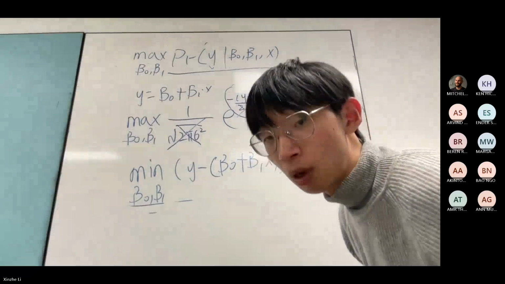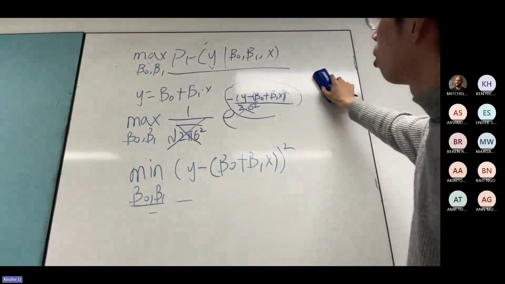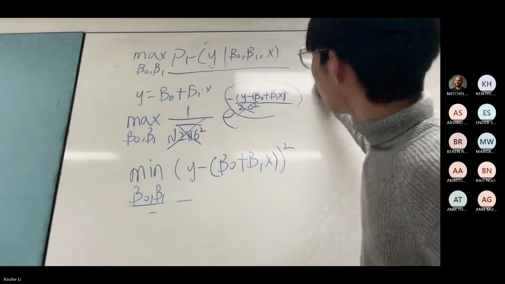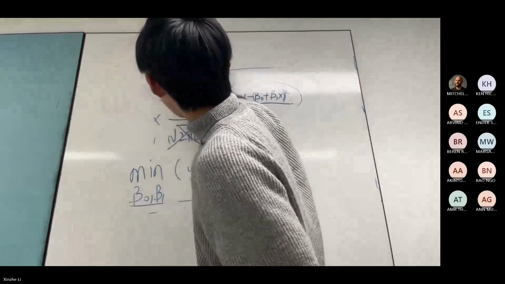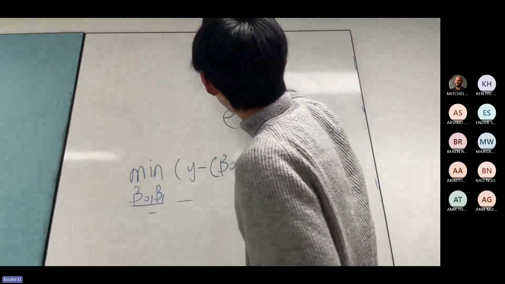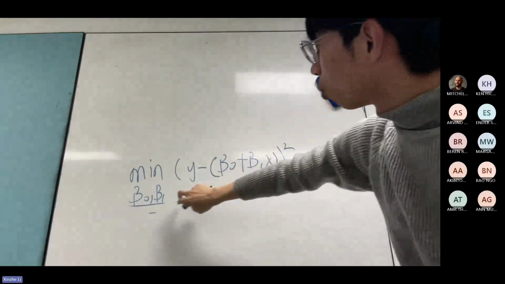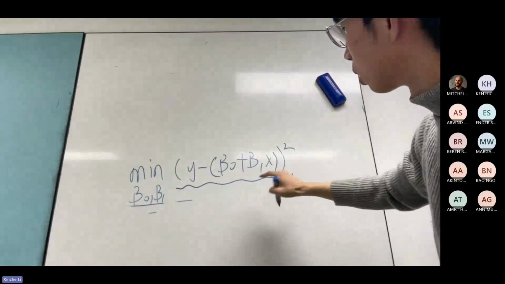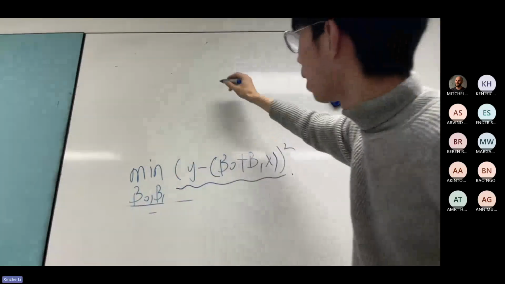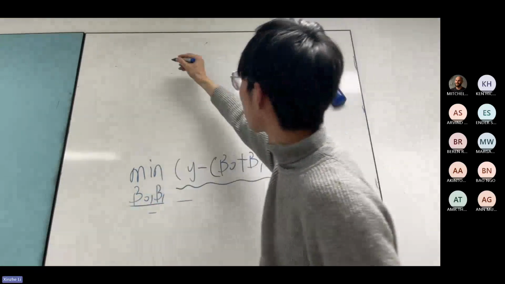Okay, so now let me do the job to find beta 0 and beta 1, because here we finished the final objective function, but we still don't know what beta 0 and beta 1 are.